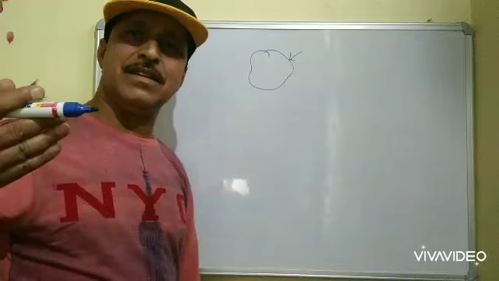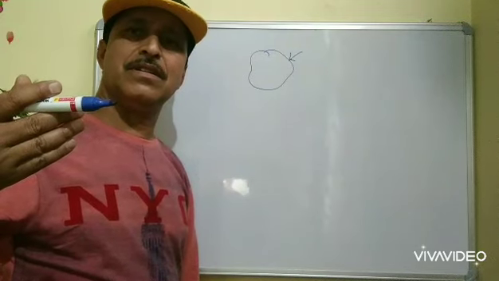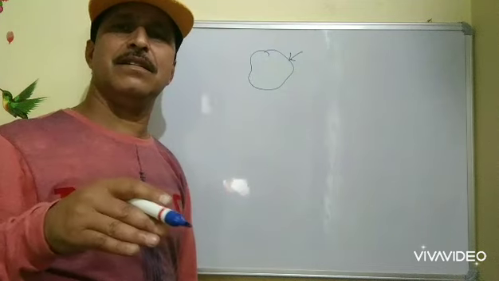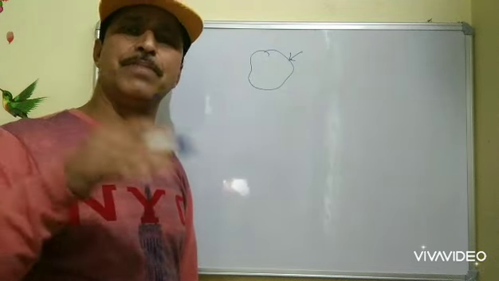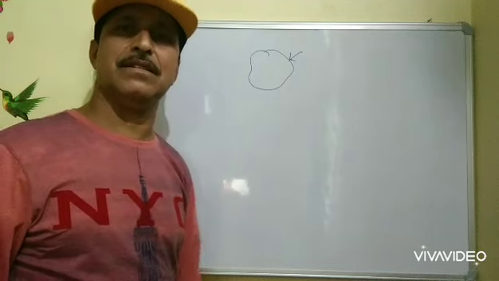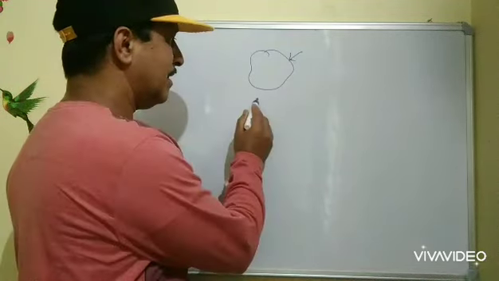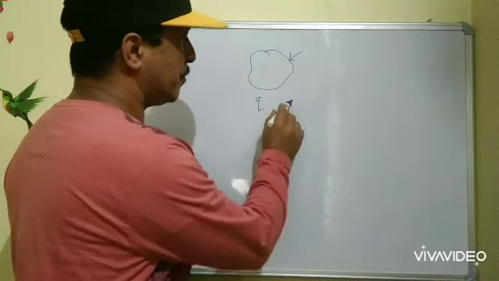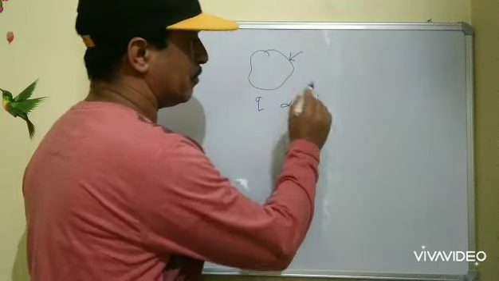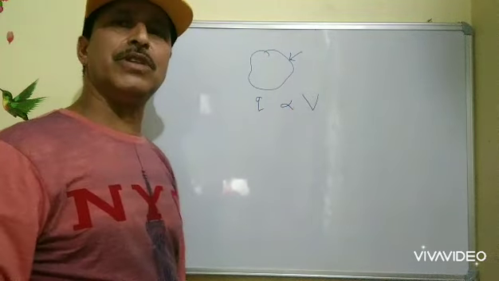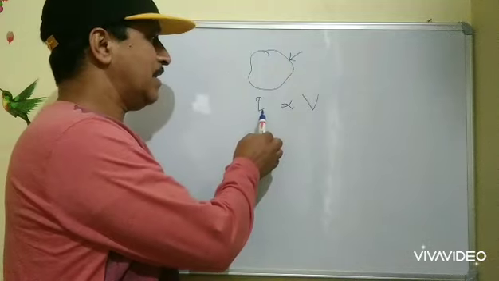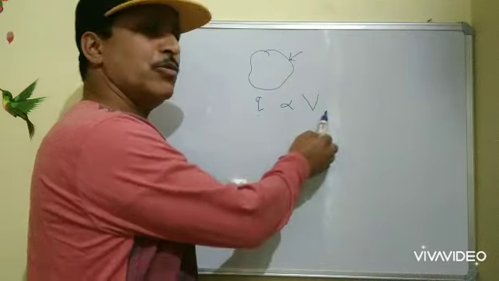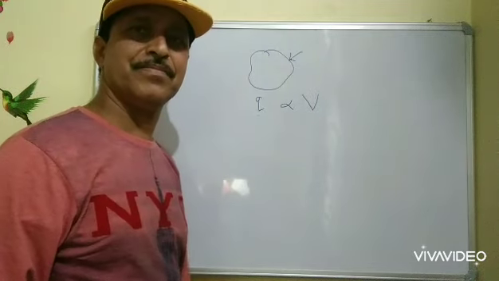The greater the potential, the greater is the charge required to be supplied to the conductor. So the charge supplied is proportional to the increase in the potential, or if the initial potential is zero, then Q is proportional to V, that is, charge supplied is proportional to the potential of the conductor.